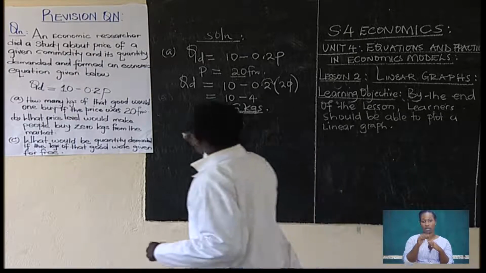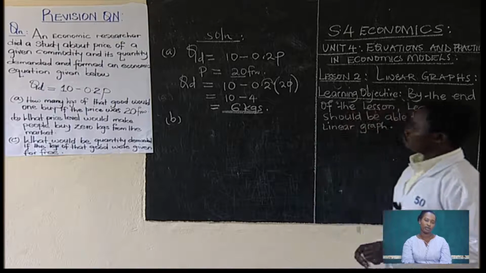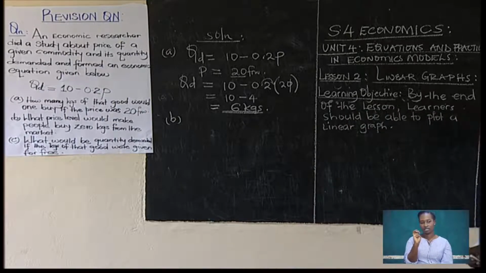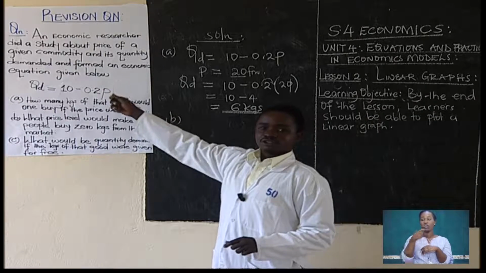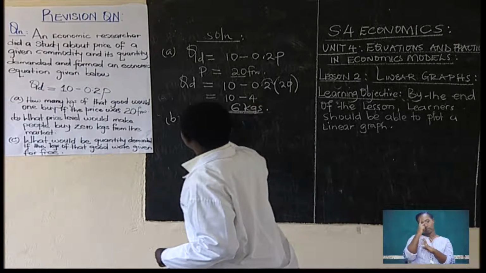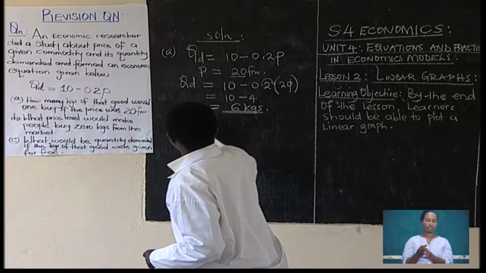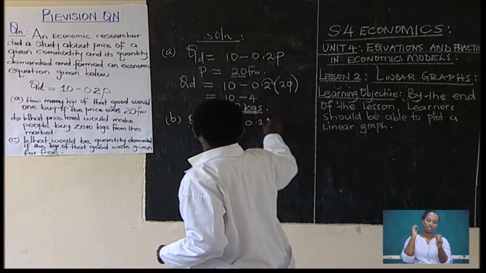Then part B: they're asking what price level would make people buy 0 kilograms from the market. So you must work on your linear equation that is showing the relationship between the two variables. In this case, your quantity demanded is equal to 10 minus 0.2P.